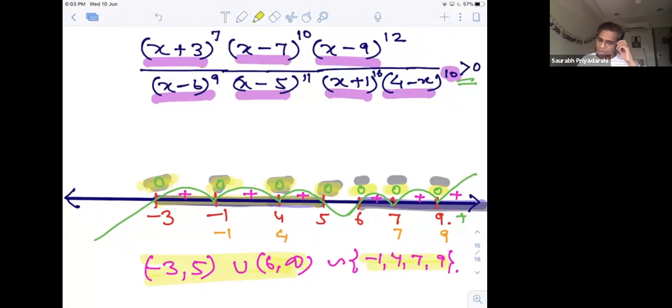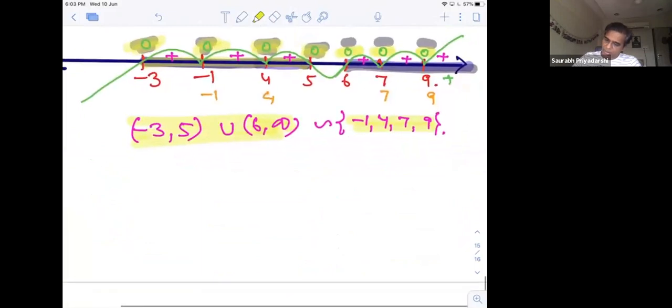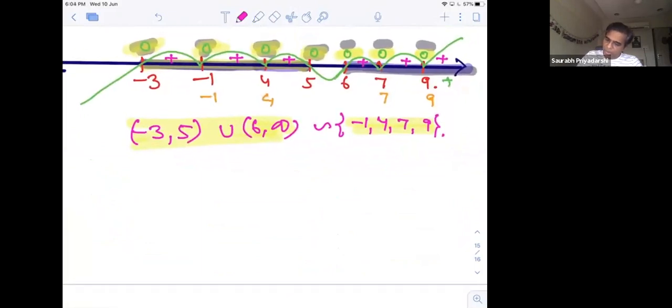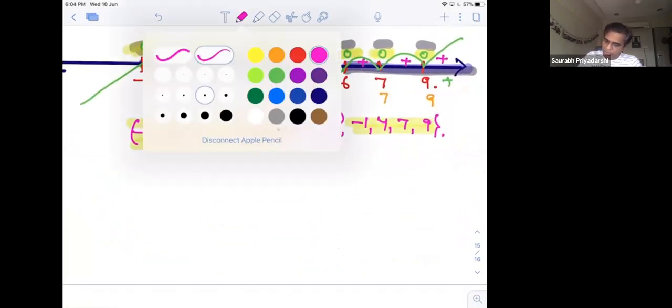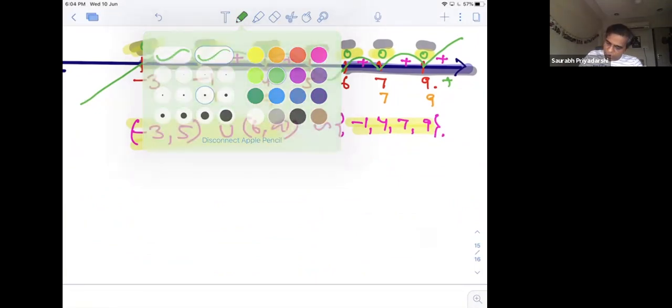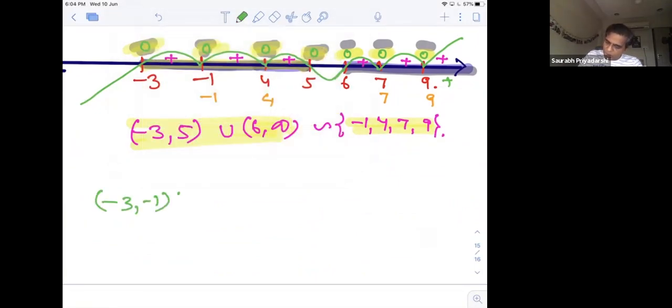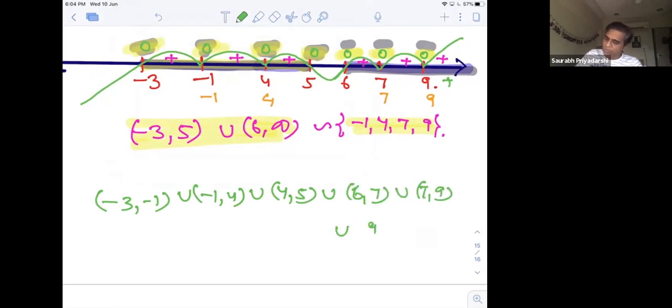Yes, why not? You can also write down, if you want, you can also write it down as, अगर आप चाहोगे ही तो मैं हेल्प कर सकता हूँ आपको। चलो, -3 to -1, union -1 to 4, union 4 to 5, union 6 to 7, union 7 to 9, union 9 to infinity.